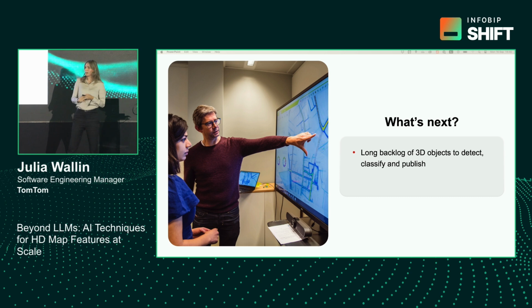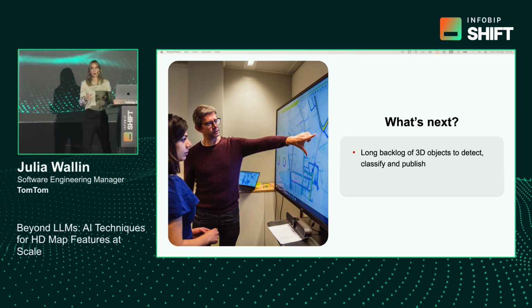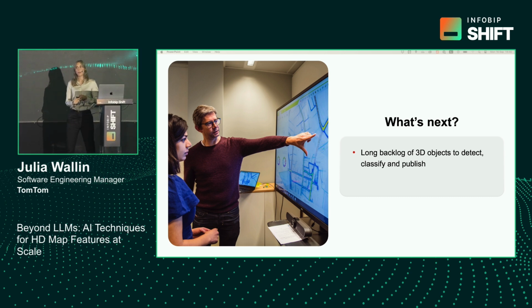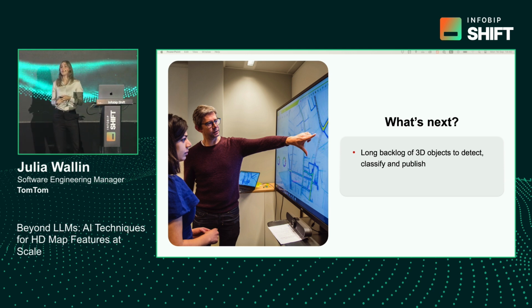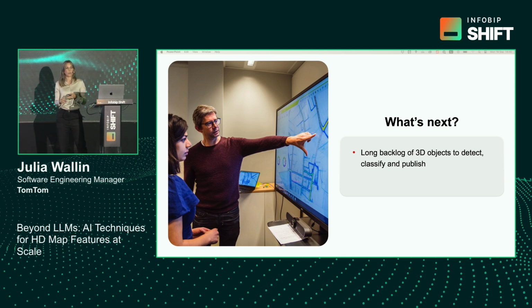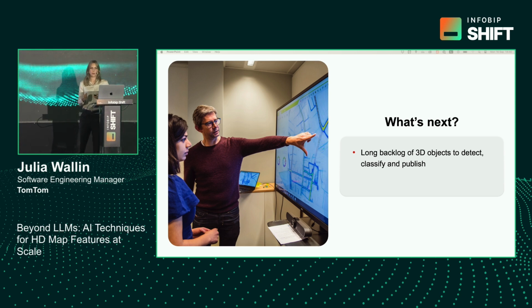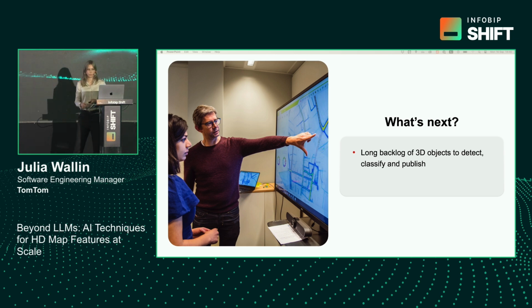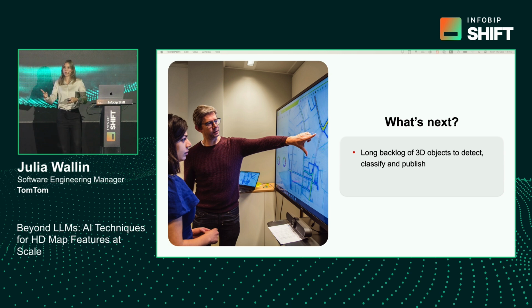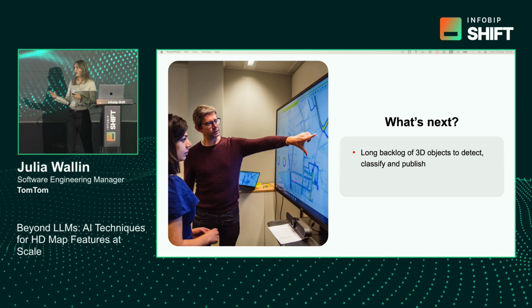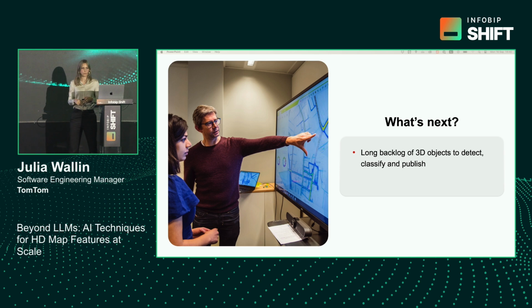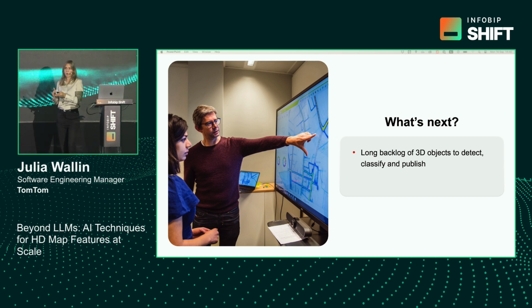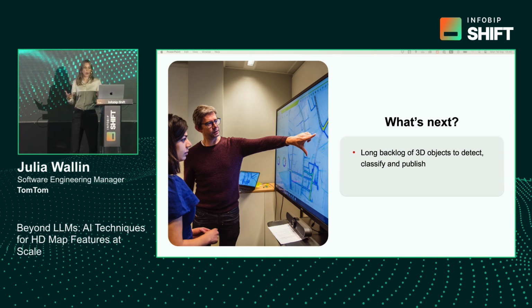So what's next? For us in road furniture, we have a pretty long backlog of 3D objects that we want to detect and classify and publish to the map. Guardrails, bus stops, poles, benches, all kinds of objects. The list is finite, though, but we have work to do for the foreseeable future for sure.